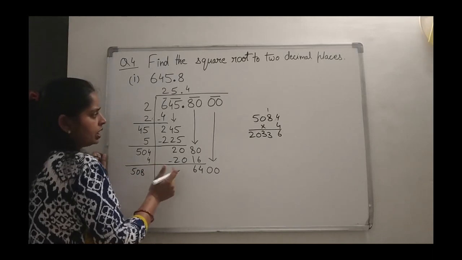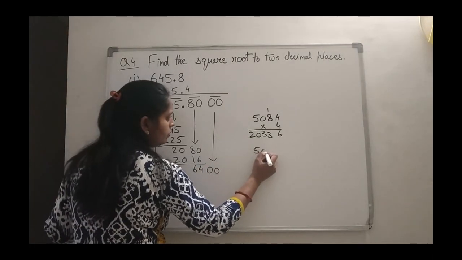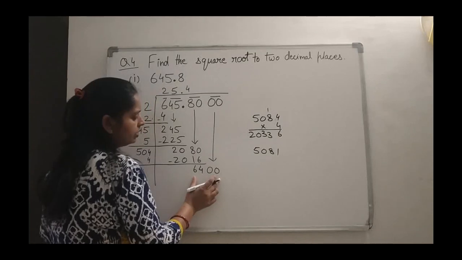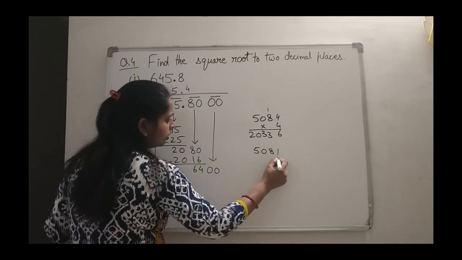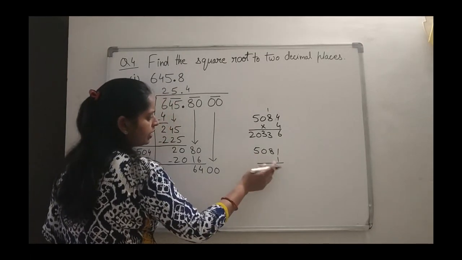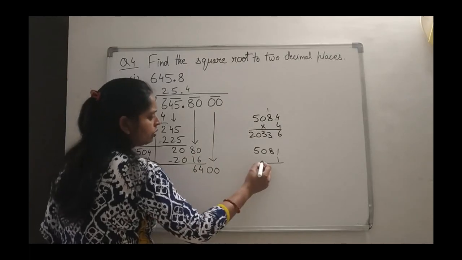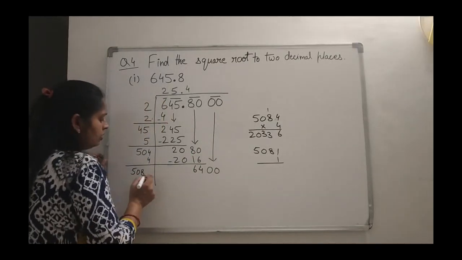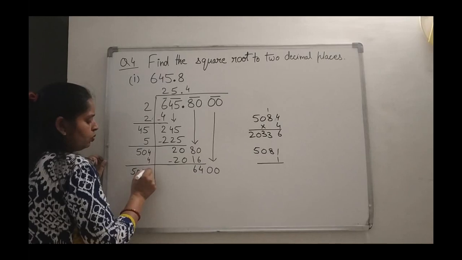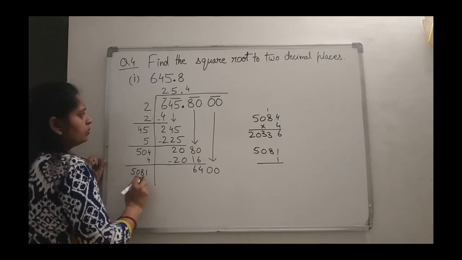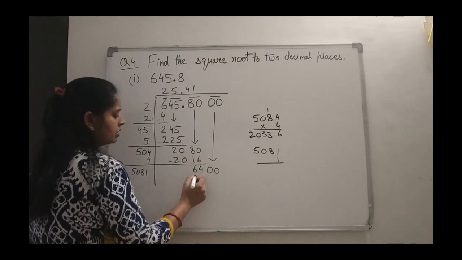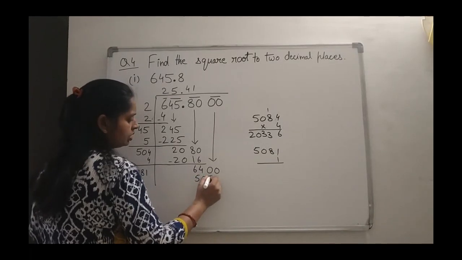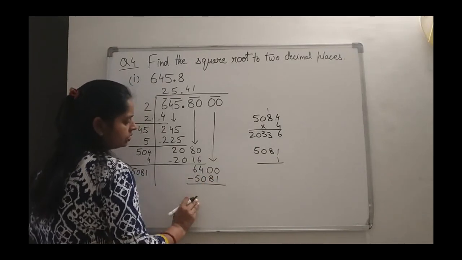So one more digit I have to go. 5. I can take only 1, because I am having only 4 digits over here. So 1 will only go, because if I take 2 also, 5 2s are 10, so it will become 5 digits. So we have to go for 5081. 5081 multiplied by 1 will give you how much? 5081. So now we subtract.